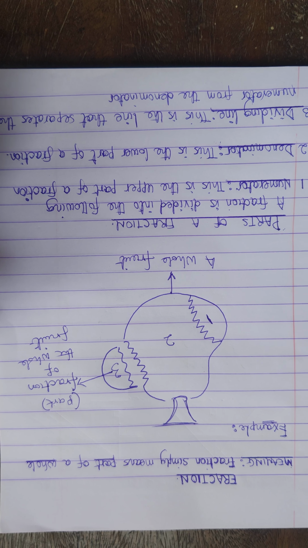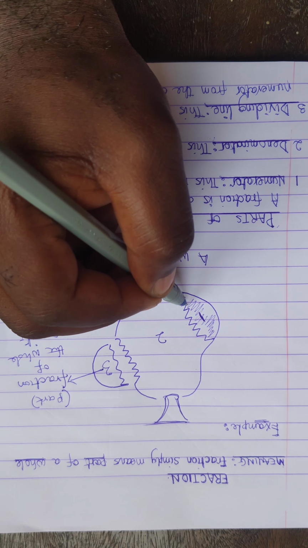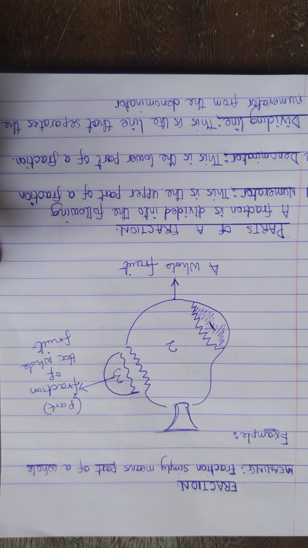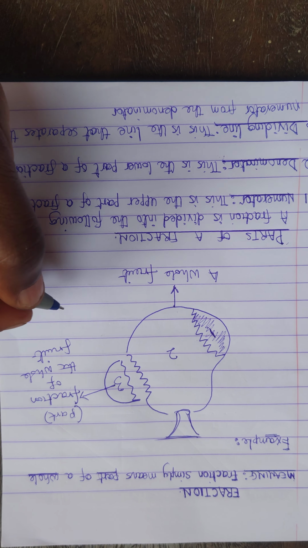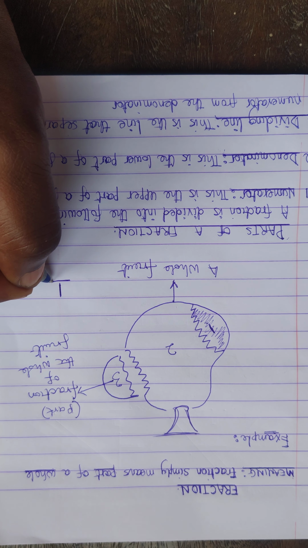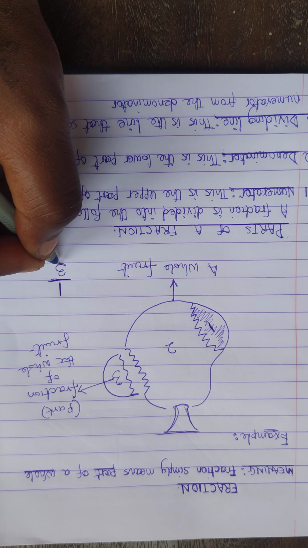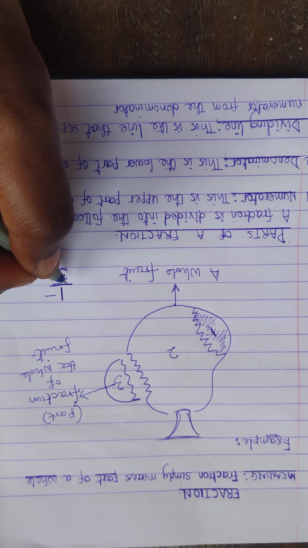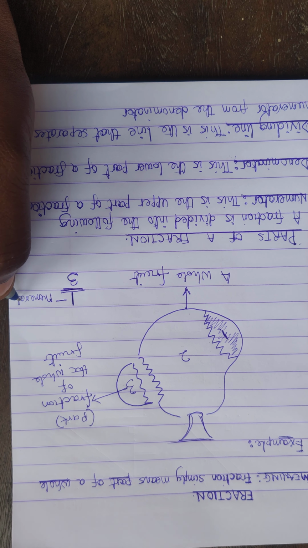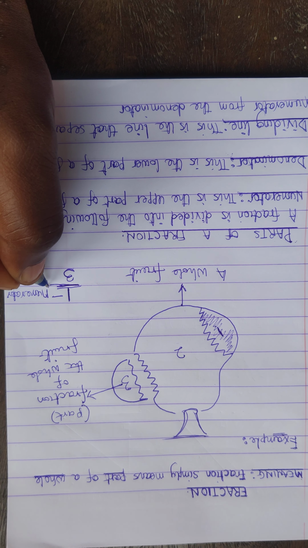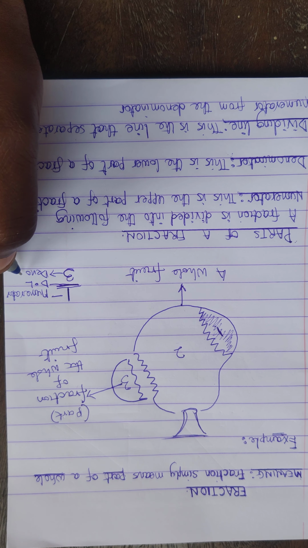So if I were to have eaten this part of the fruit, and I were to ask what fraction of the fruit has been eaten, I could simply say 1 out of the 3 parts that the fruit has been divided into. So this would have been my fraction. 1 over 3, meaning this is my numerator, while here is my dividing line, and while here would have been my denominator.